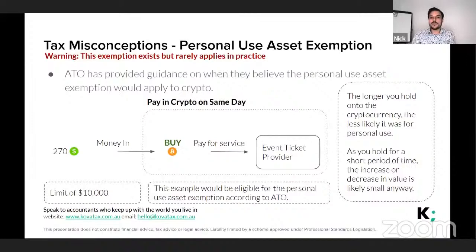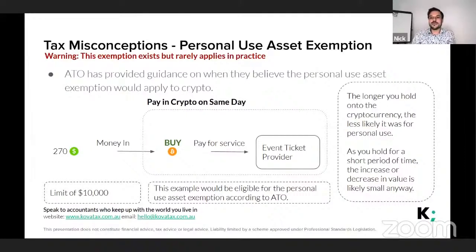And what's really important in this example is that he has to have done this all on the same day. So he purchases the Bitcoin, he sends it to the ticket provider and purchases the tickets. And in this specific example, he would be exempt from having to declare any capital gains or losses.